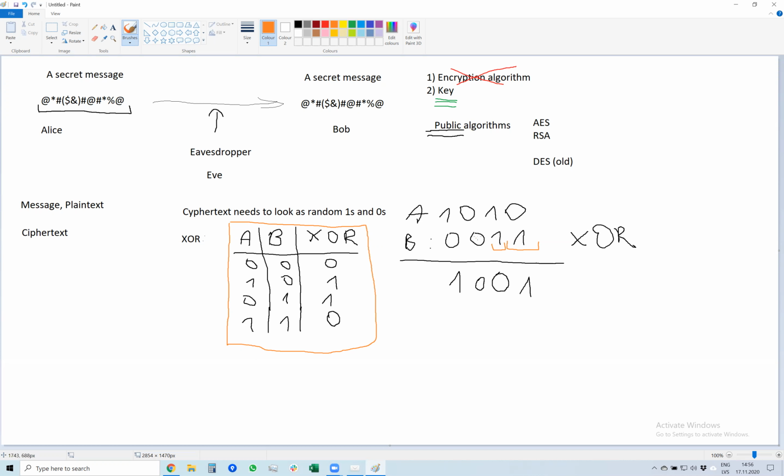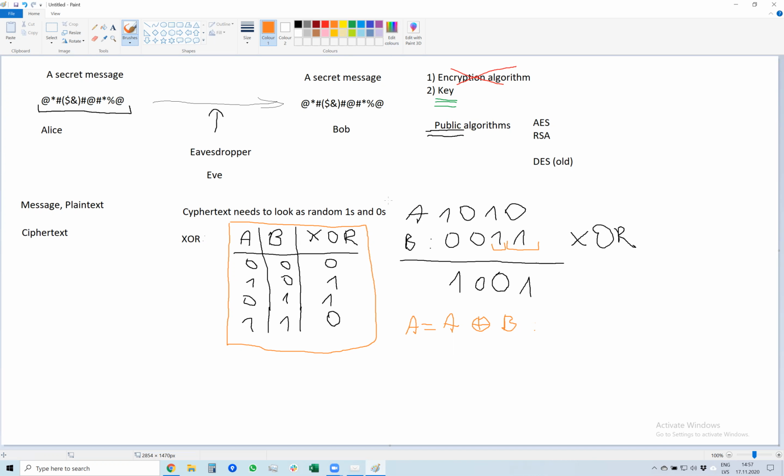When B is 0, A is copied without changes. So if I write A equals A XOR B, and the XOR symbol is this circle with a plus inside, basically it means where B bits are 1, flip them to the opposite, and where B bits are 0, don't change them, okay?